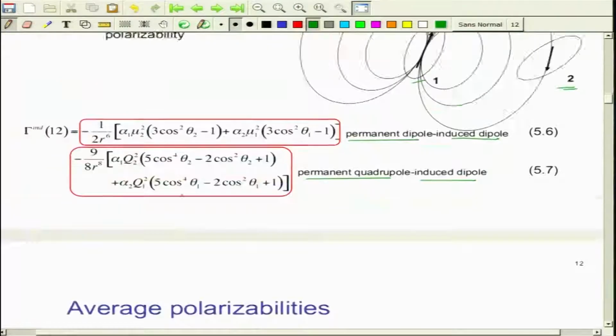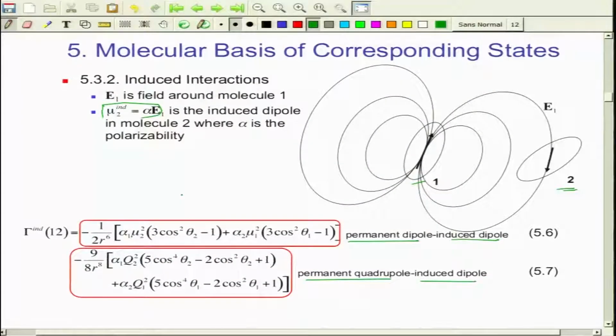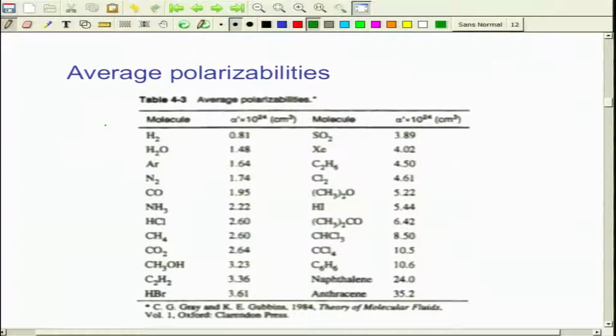Of course the most important thing is that the induced dipole depends on the polarizability. If you have a highly polarizable molecule, you will have a large value of induced dipole, and this is the case here. This is the average polarizability, and you can see this has valuable information here.